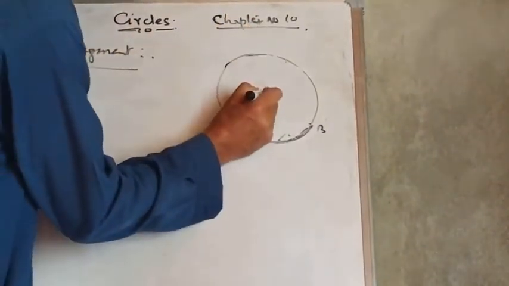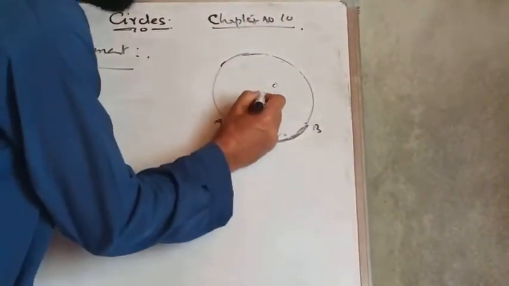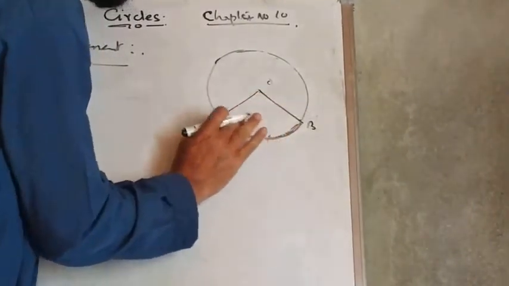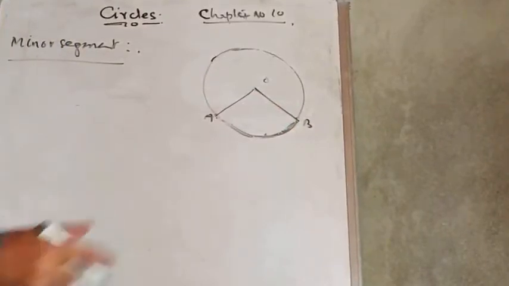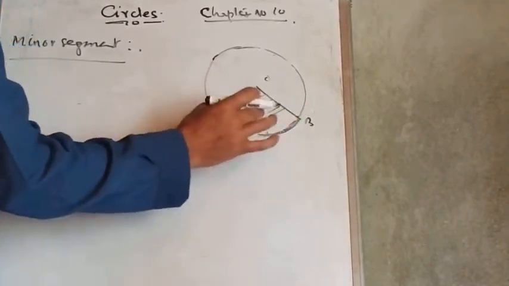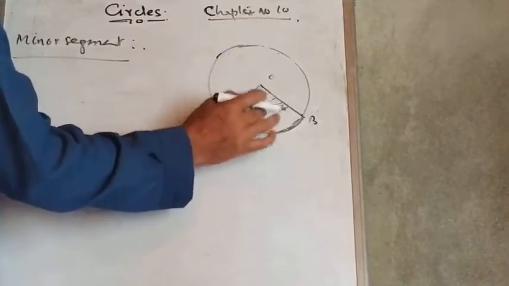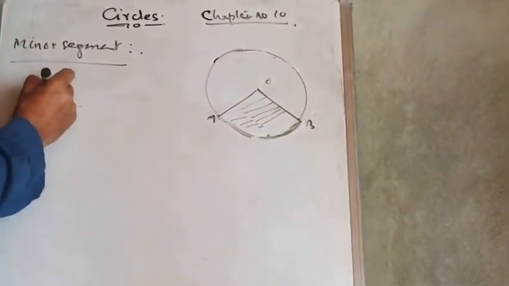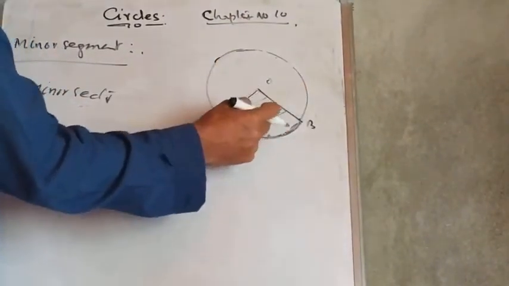Now here is the center O, and let me take two radii, suppose OA and OB. Now the circle is again divided into two parts. When you join two radii of a circle, the circle is divided into two parts. The smaller part is called a minor sector, and the remaining part is called the major sector.